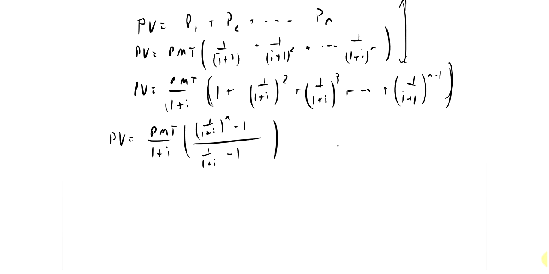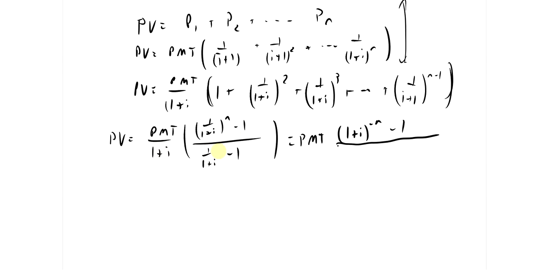So what can we do with this? Well, we can simplify our life a little bit by leaving the payment as it is out front. In the numerator, let me rewrite this as (1 + i)^(-n), that's this term, minus 1. And then (1 + i) times all this.